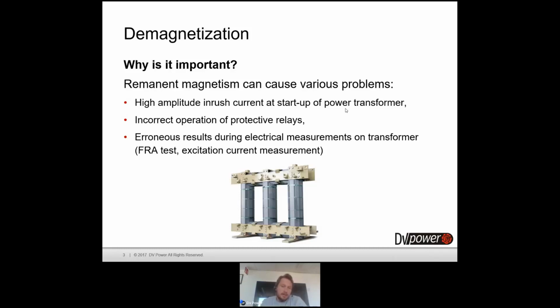It's normal to have some value of inrush current, but if we have a magnetized transformer, this value will be quite high. The first thing we will see is that our protection relays could operate, because they see a very high inrush current and could think we have a failure in the transformer, and they will trip the transformer off the network.